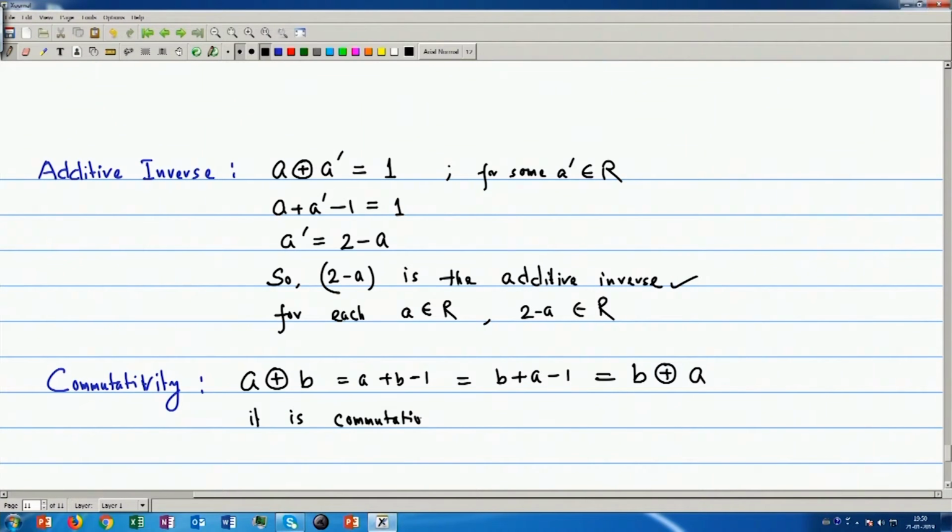So, we get that up to this property it holds, and R is an additive commutative group, since till this time we have considered only one operation, and that is this addition.